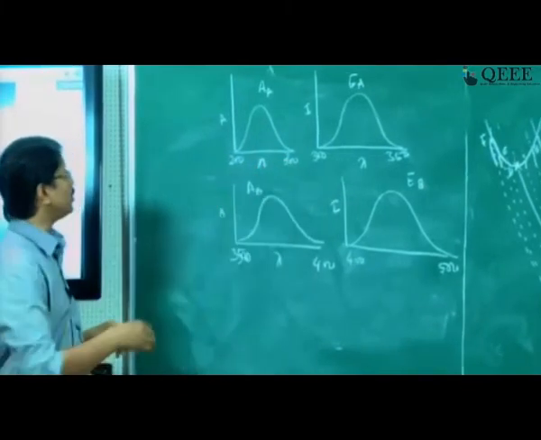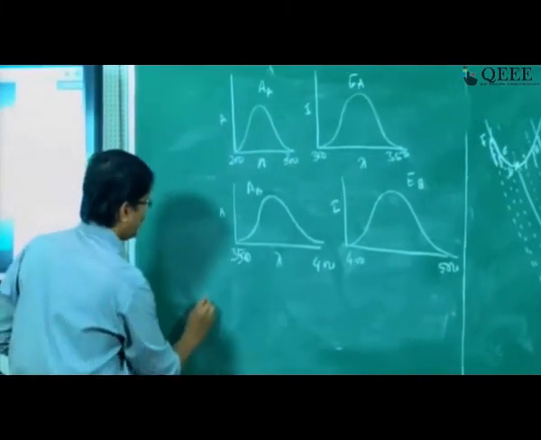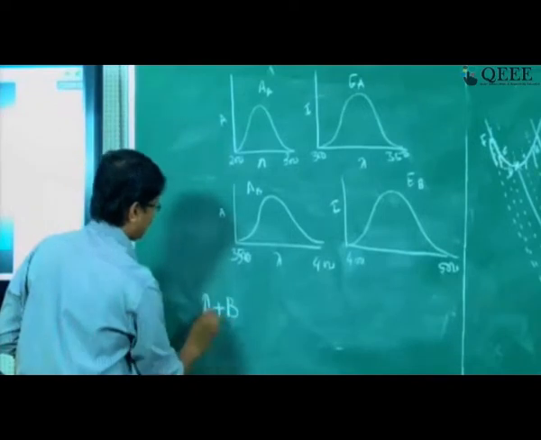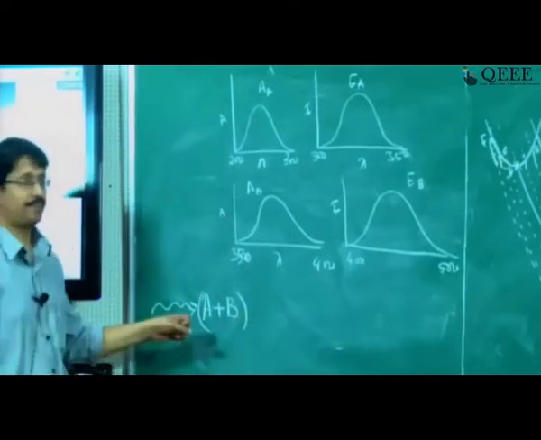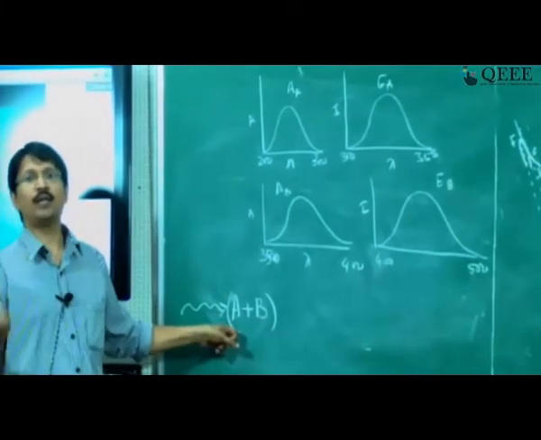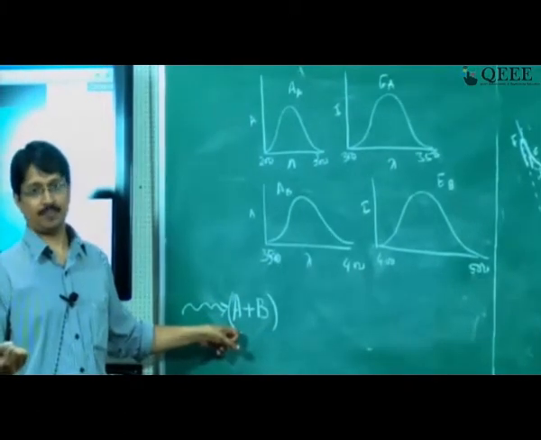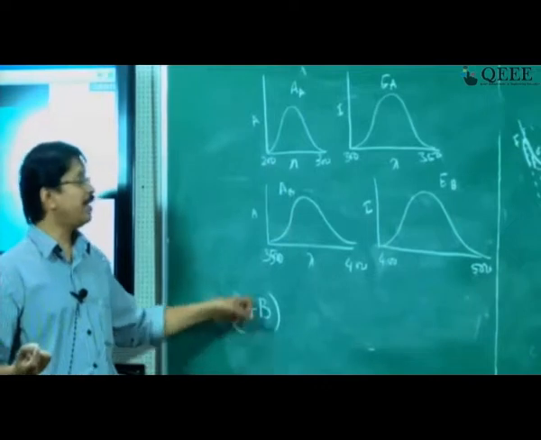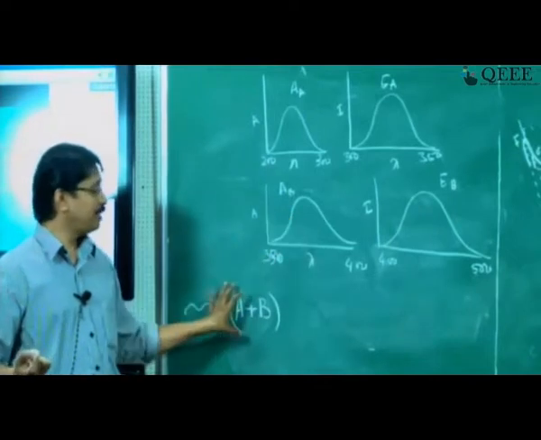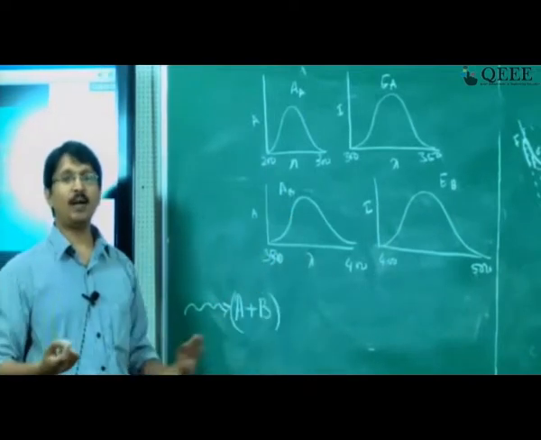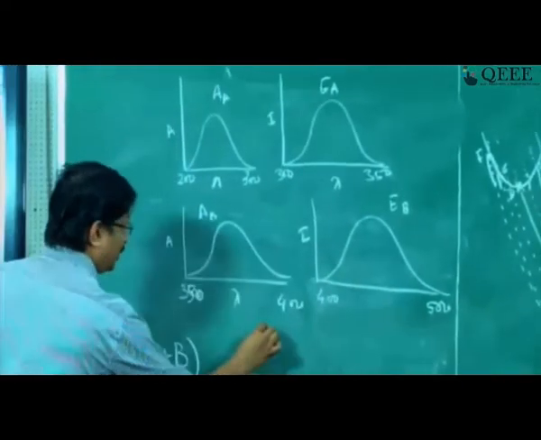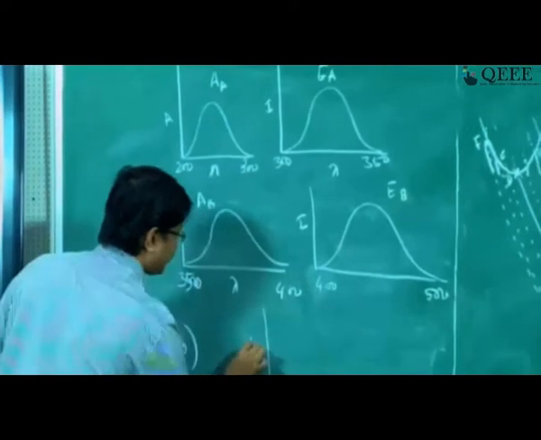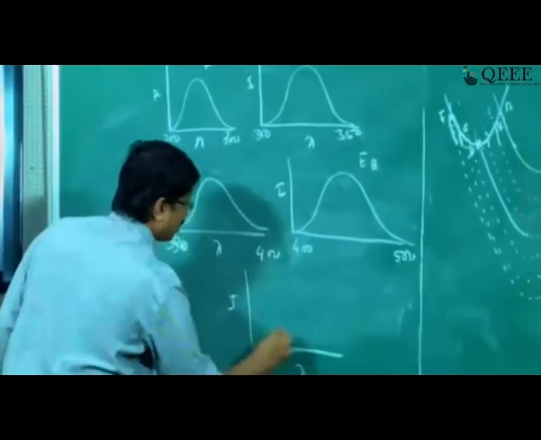My question is, suppose you excite a mixture of A and B, where A absorbs the light and it transfers the energy to B. I want you to draw the emission spectrum of this mixture and tell me where the lambda maximum is. So what I want you to draw is the emission spectrum of A plus B.